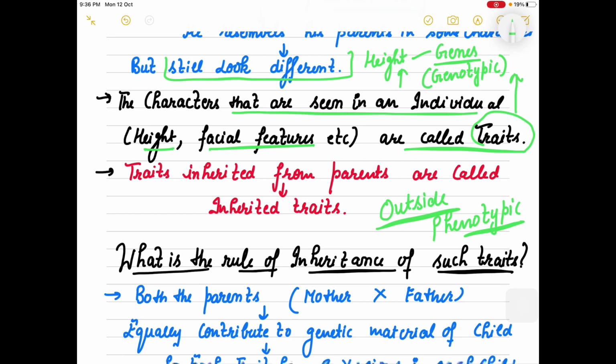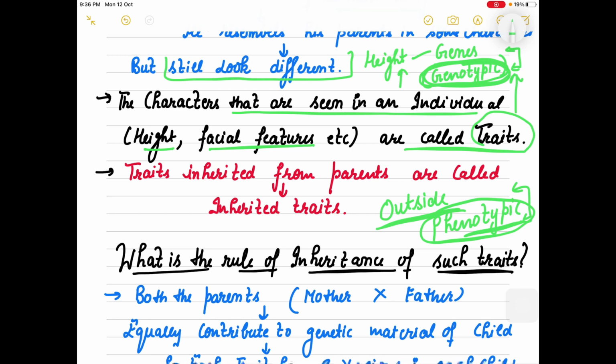So in genetics, in this study of heredity, we will take both genetic features as well as the phenotypic expression. But I'm not going to talk about genotypic and phenotypic right now. I don't want to confuse you.